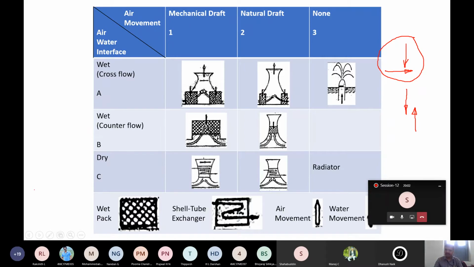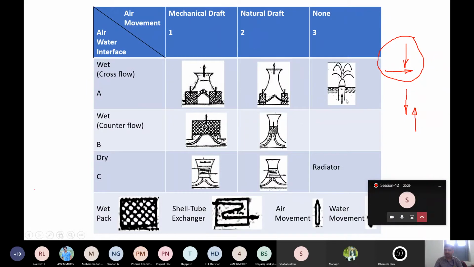Water will come out of the nozzle like a fountain. Then heat transfer takes place between this hot water and the atmospheric air. Then it will get cooled and it will be collected in the pond.